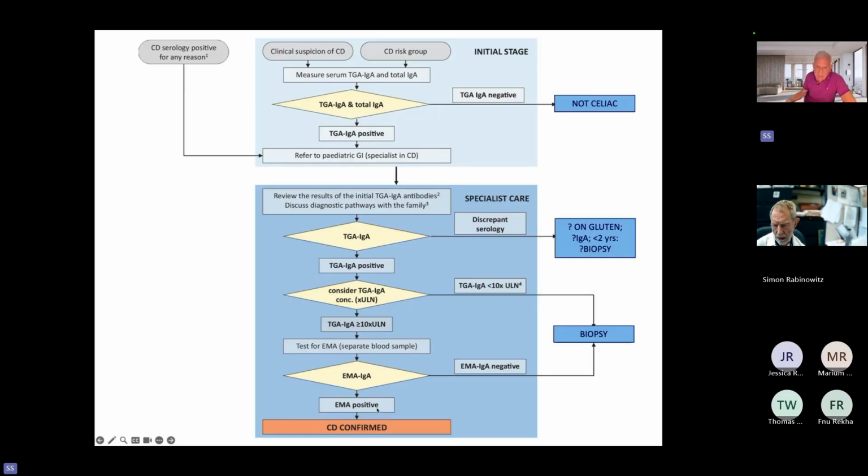If the anti-endomysial antibody is positive, celiac disease is confirmed, no biopsy. If the TTG is less than 10 times the upper limit of normal, go right to biopsy. And that clearly is what we should be doing now, although I would suspect in the future things may change, and they probably will change to lowering that greater than 10 times the upper limit of normal being required.